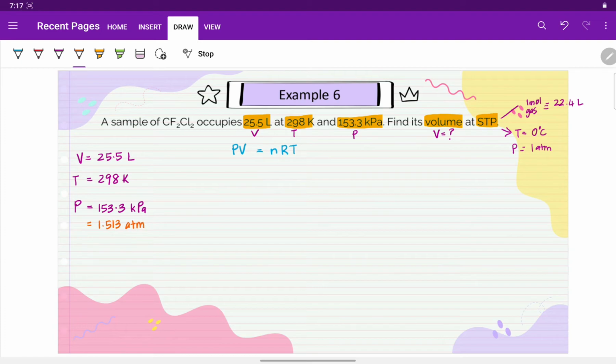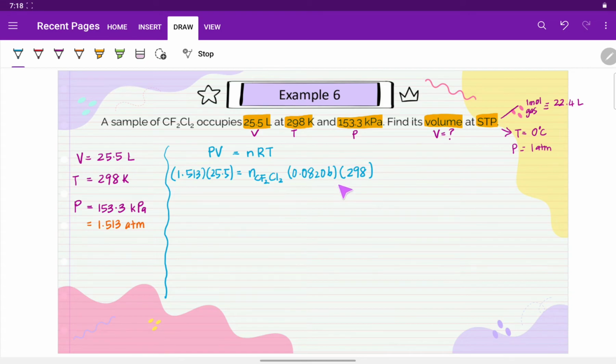Because you need to remember to use this ideal gas equation, you need to make sure that all the units are appropriate. Okay. Now, kita buat double check dekat sini. Okay, volume is in liter. Check. Temperature mesti dalam Kelvin. Settle. Pressure mesti dalam atm. Kita dah ada. Okay, so substitute dan awak akan dapatkan number of mole.